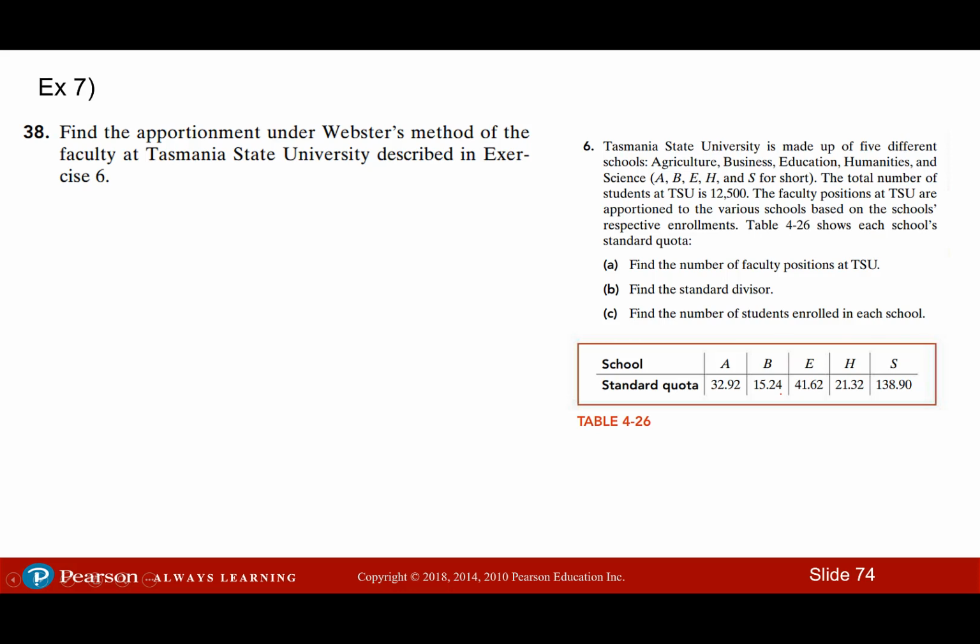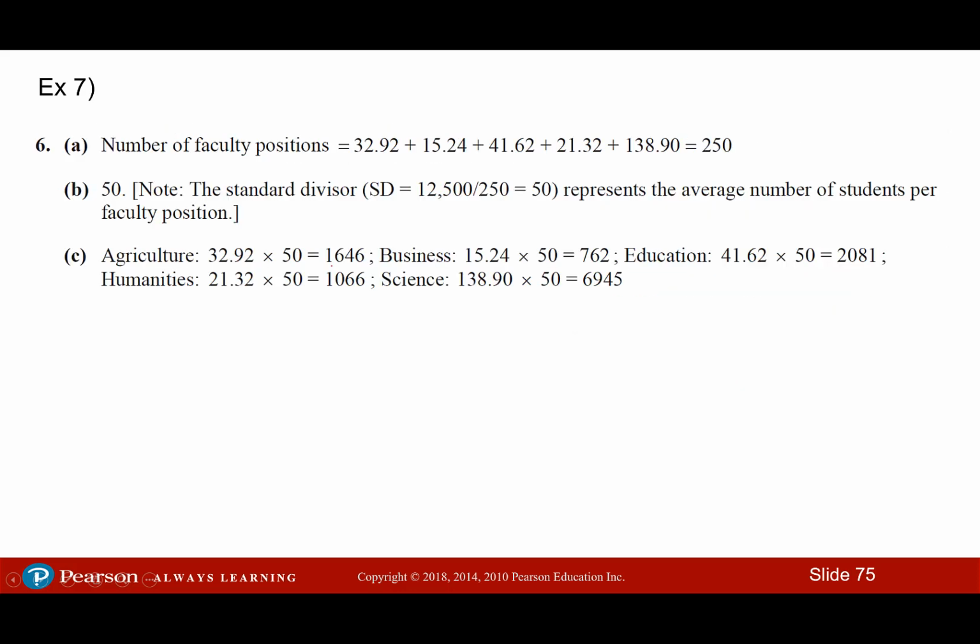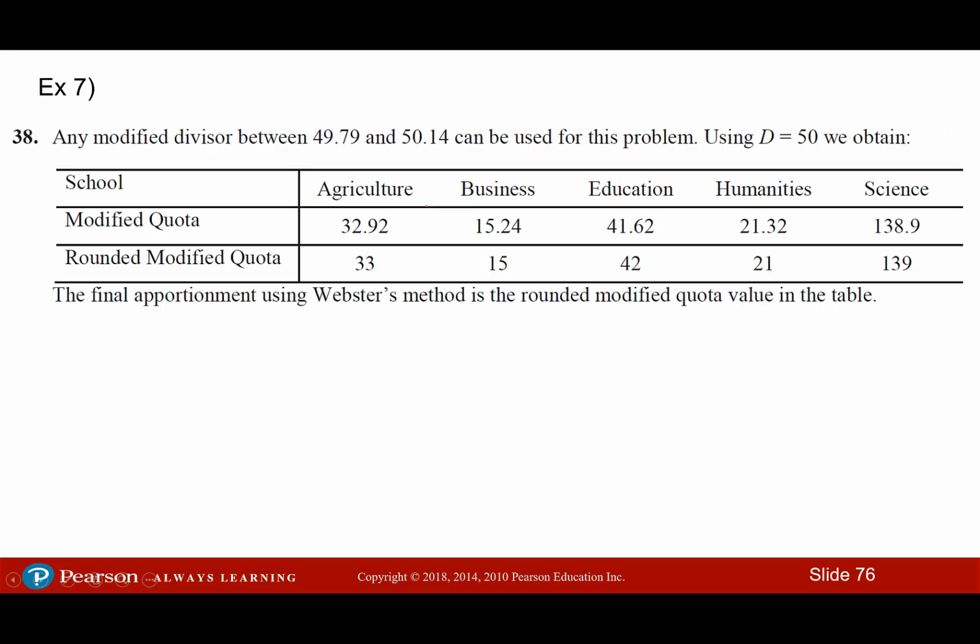So in 38, what you should just realize is, you know what, if I'm going to use my regular divisor, I'm going to use those. So if I round 32.92, that's close to 33. That's closer to 15. 41.62 is closer to 42. 21.32 is close to 21, and then 138.9 is close to 139.